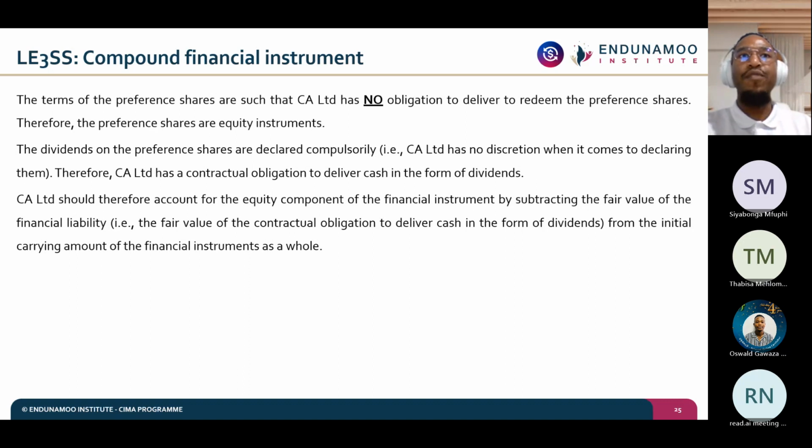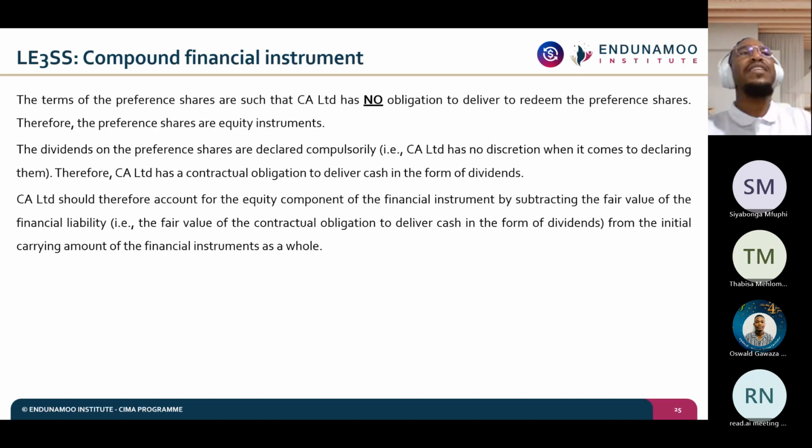CA Limited should therefore account for the equity component of the financial instrument by subtracting the fair value of the financial liability, that is, the fair value of the contractual obligation to deliver cash in the form of dividend, from the initial carrying amount of the financial instrument as a whole. So on the date on which the preference shares are subscribed to or the preference share agreement is agreed and signed, CA Limited will receive X amount.